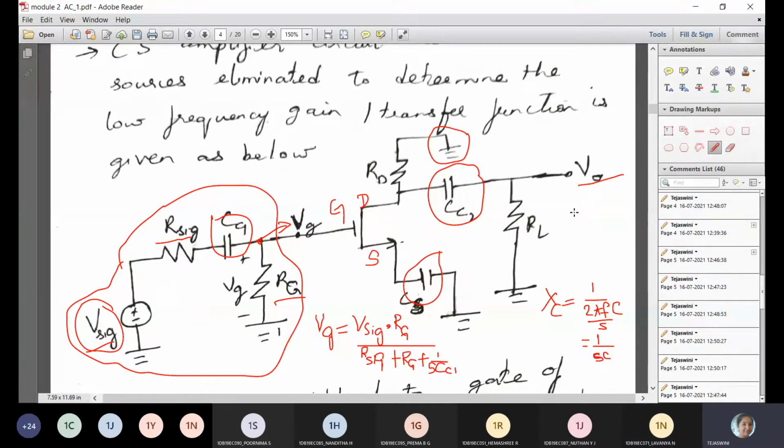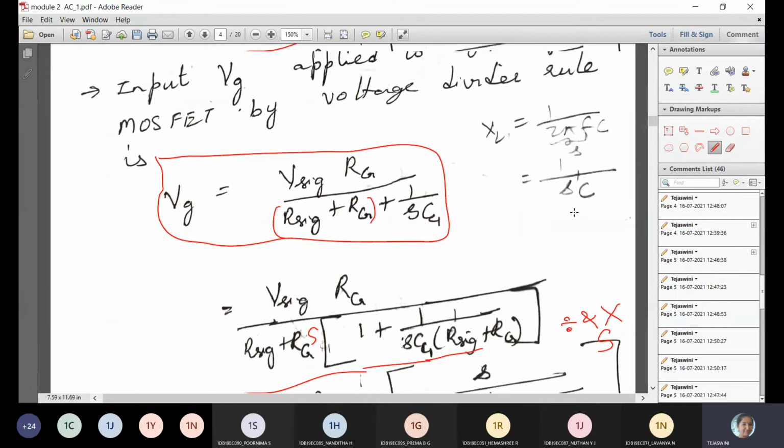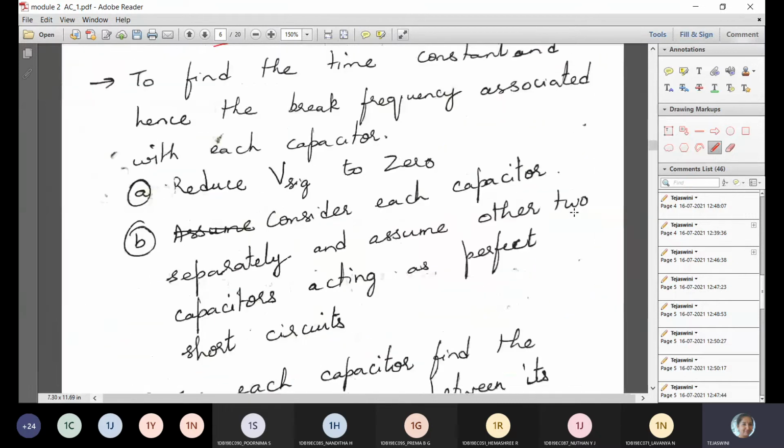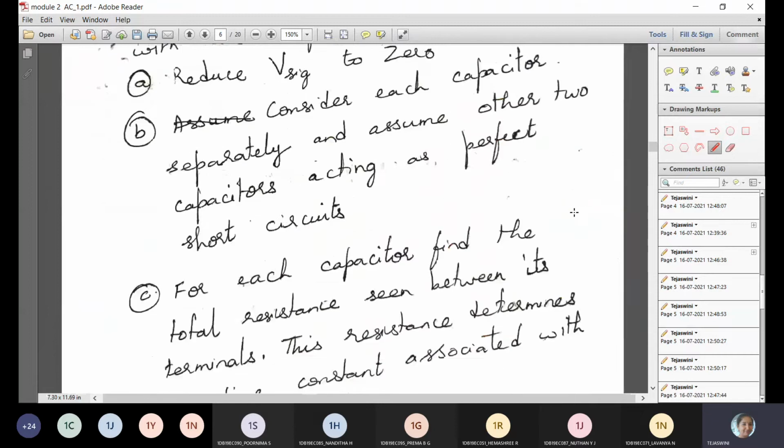Which are those resistors? RD and RL, then CC2. Yes. So once you find the total resistance, it will be combined with CC2 and will give you the RC time constant. That is the intention. So that is your third point.